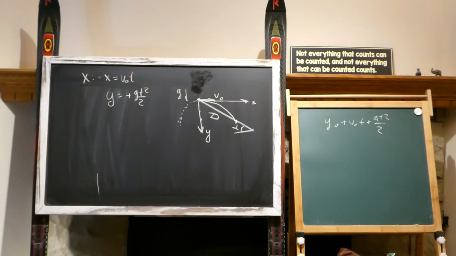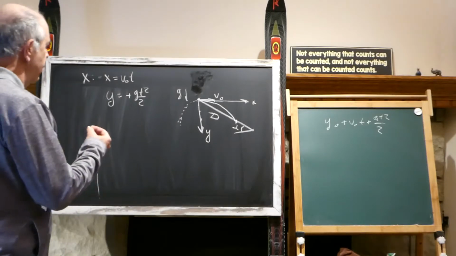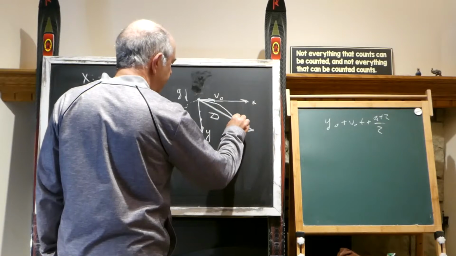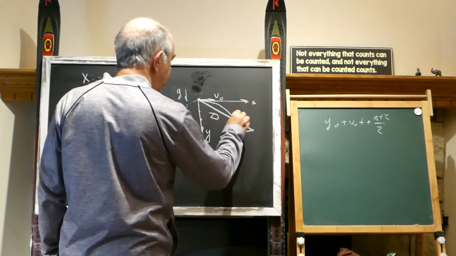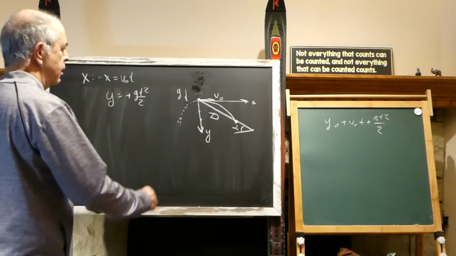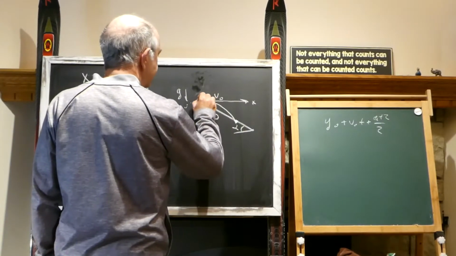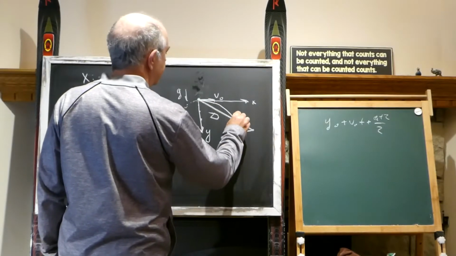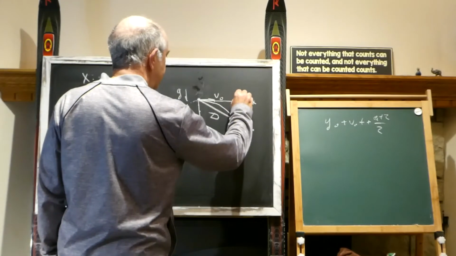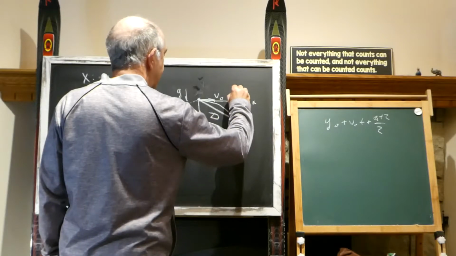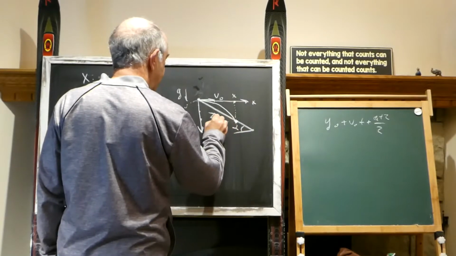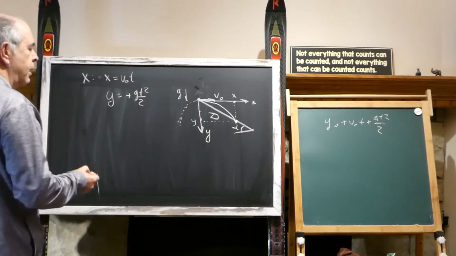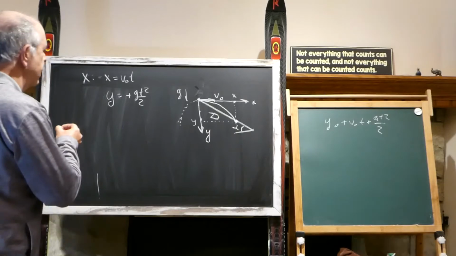And also, they want us to say that we meet here, and they want us to find this distance. So we can say that the fact that this is on this incline means that here x and here y are both the same, because I'm looking specifically for the point where they meet together.